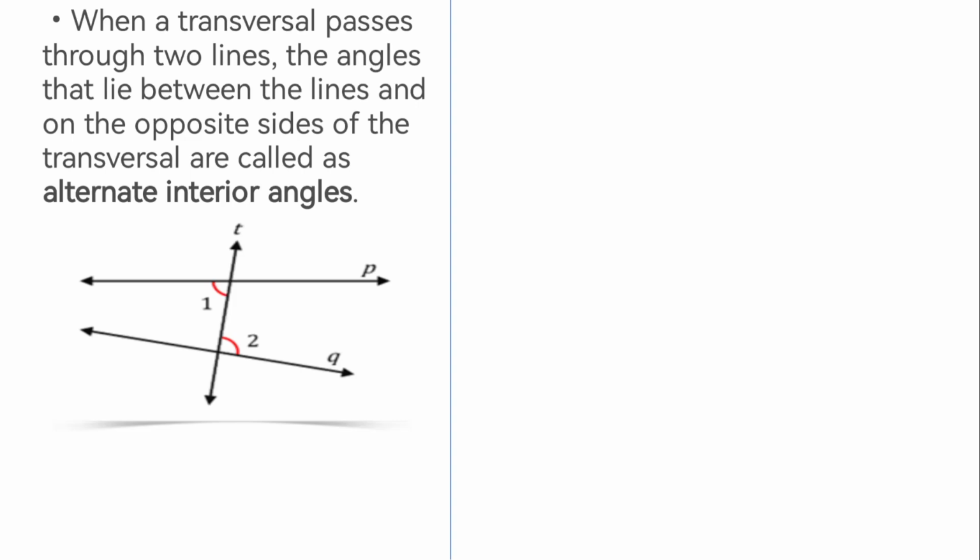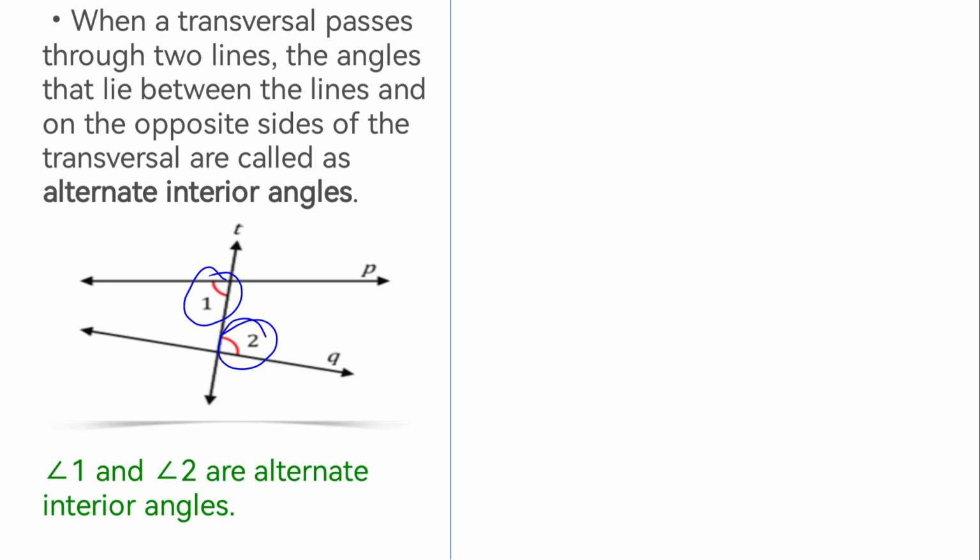When a transversal passes through two lines, the angles that lie between the lines and on the opposite sides of the transversal are called alternate interior angles. So in the figure, our angle 1 and angle 2 are considered alternate interior angles.